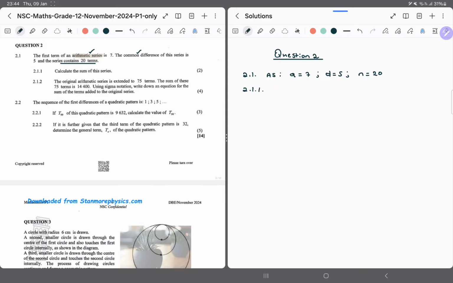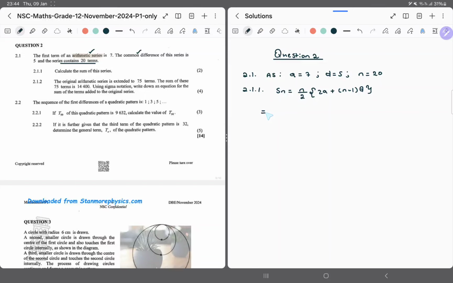Now, question 2.1 says, calculate the sum of this series. So this is easy. It's arithmetic, so we know Sn is equal to n over 2 into 2a plus n minus 1 times d. This is the best formula, but I mean, one can decide to do the last term first and then do this calculation.